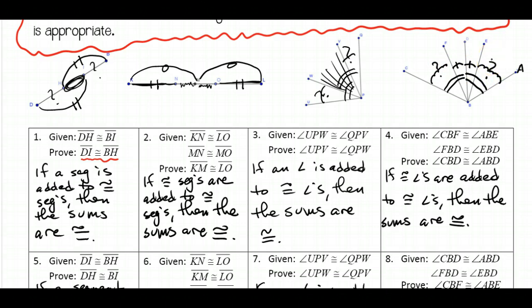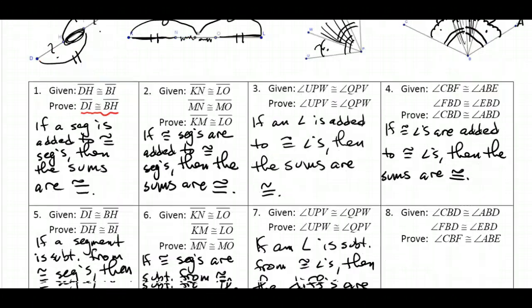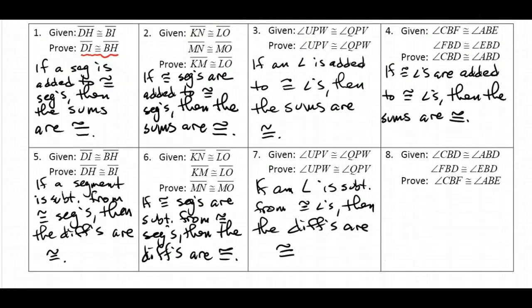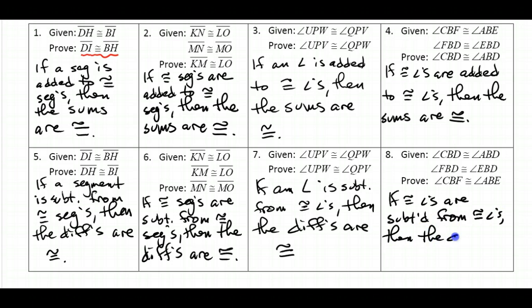Okay, so if I subtract the smaller angles on the inside from the bigger angles, I'll be left with the ones on the outside, so we're going to subtract congruent angles from congruent angles. If congruent angles are subtracted from congruent angles, then the differences are congruent.